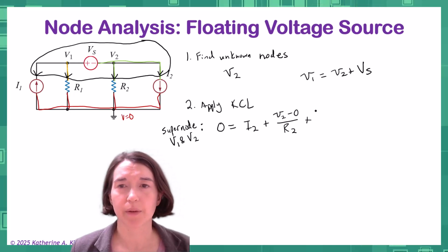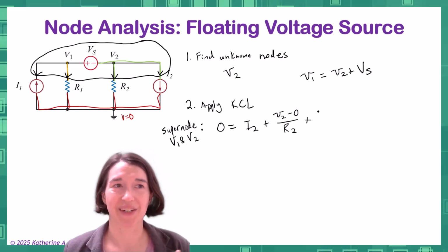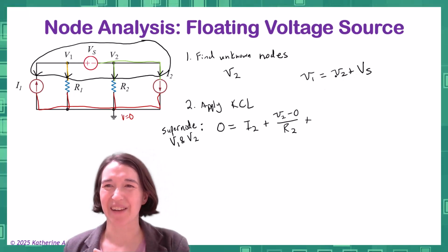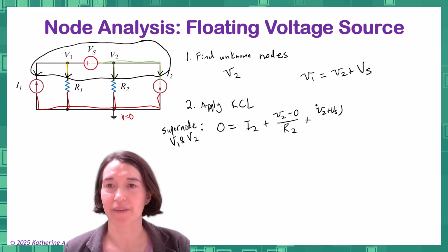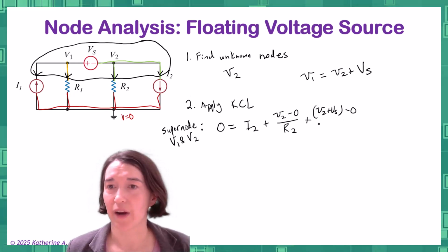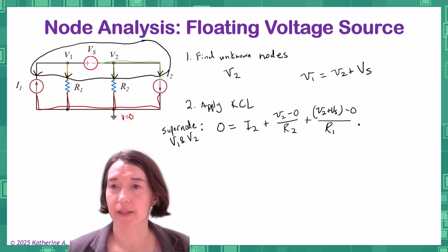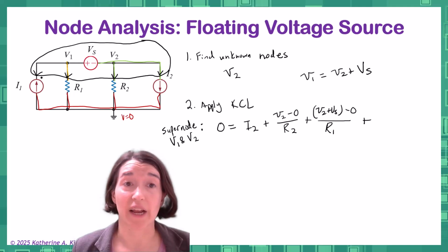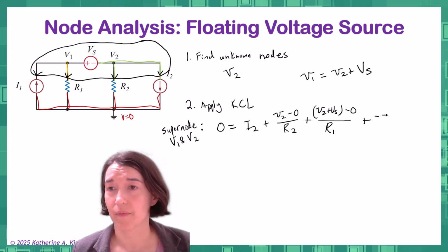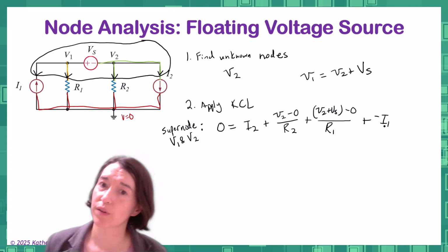Actually, I'm going to substitute this in right away. So it would be V1, which is equal to V2 plus Vs, in parentheses, minus 0, so that's this current, divided by R1, and then plus, here it's just negative I1. And all that has to be equal to 0.